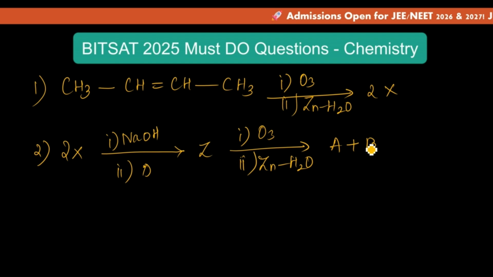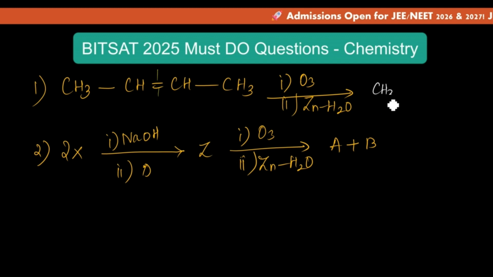Okay. So let's see one by one. First of all, this is 2-butene. Upon ozonolysis, what will that give? I'm writing the product over here. Break the double bond, put double bond O. Correct?